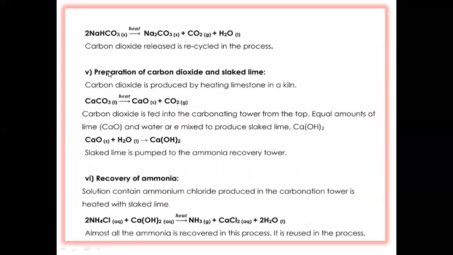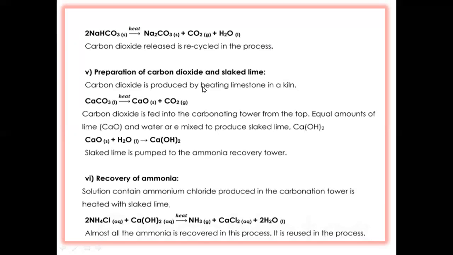As I told you, after heating, sodium hydrogen carbonate is converted into soda ash, and carbon dioxide gas and water vapor are also formed. The carbon dioxide released in this step is recycled in the process, because if you remember, in the first step, in the carbonating tower, carbon dioxide is used. The carbon dioxide produced in this step is recycled and utilized in that step.